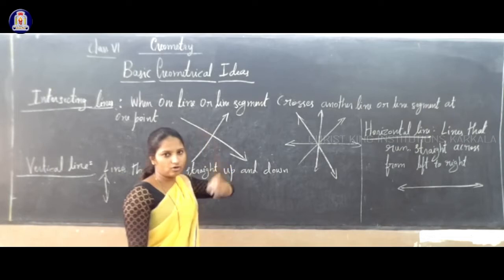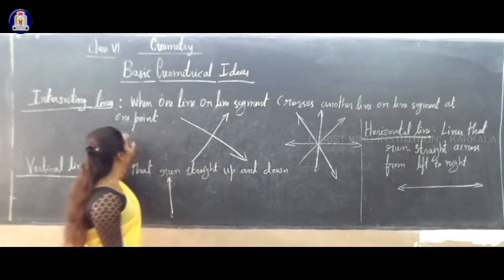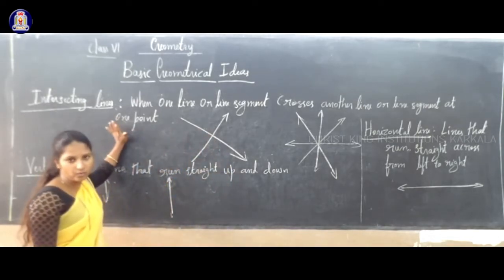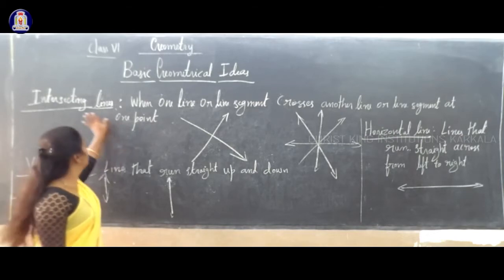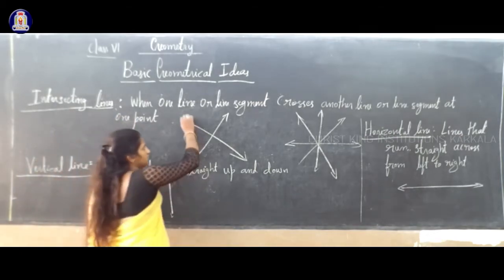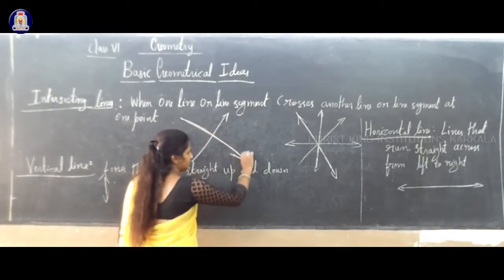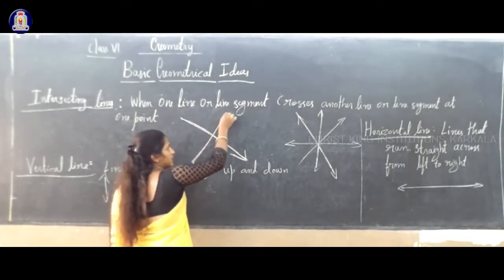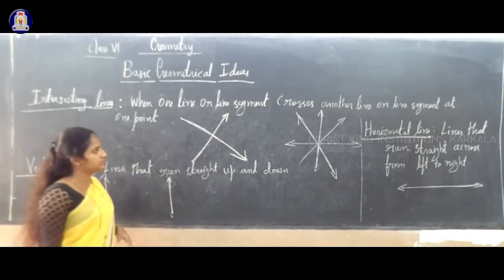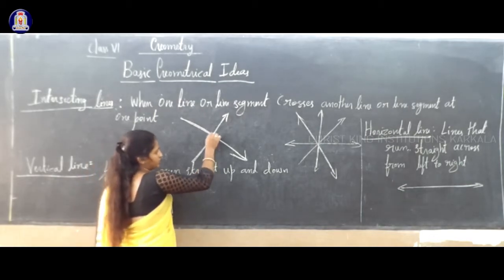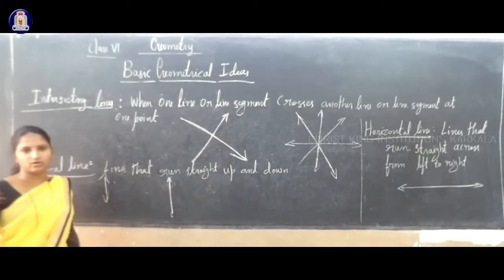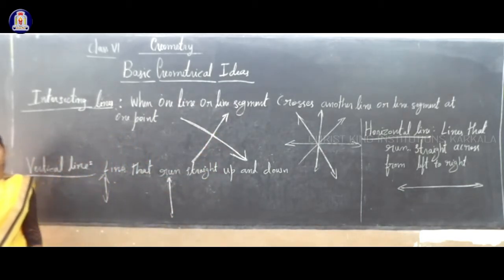One line crosses another line at one point.